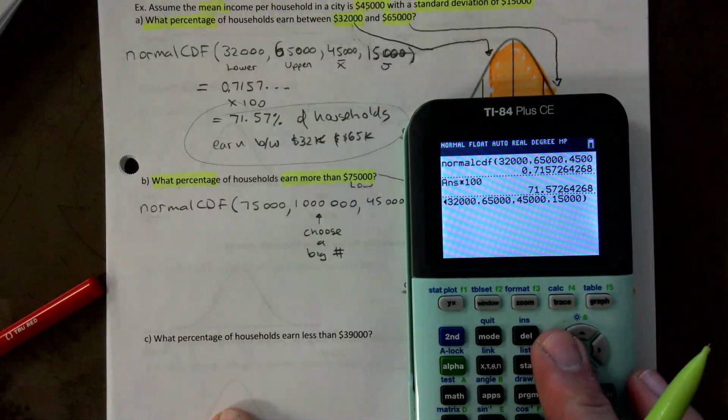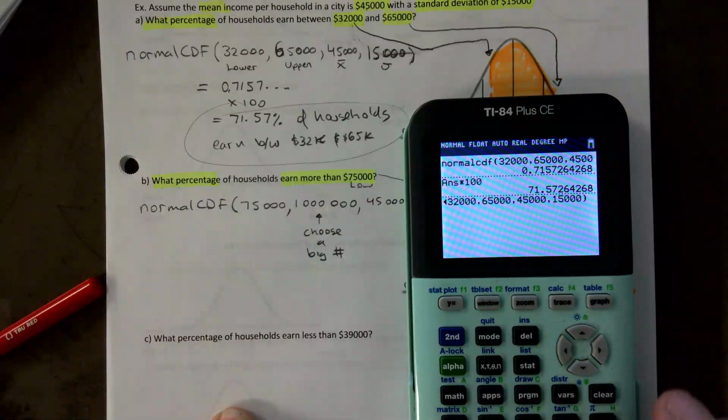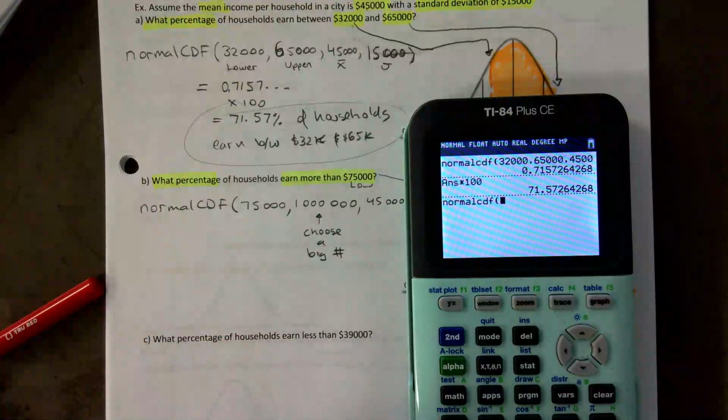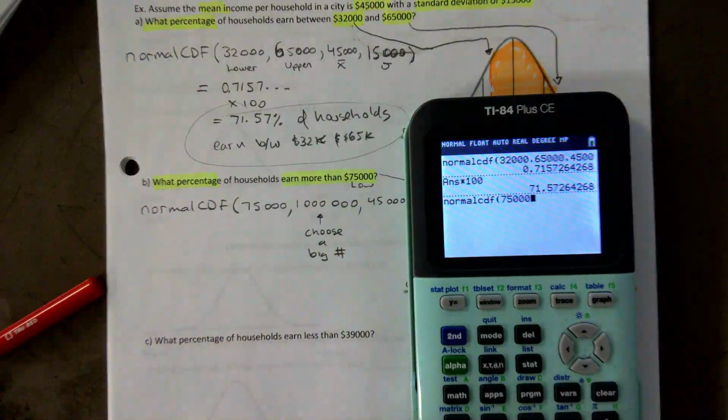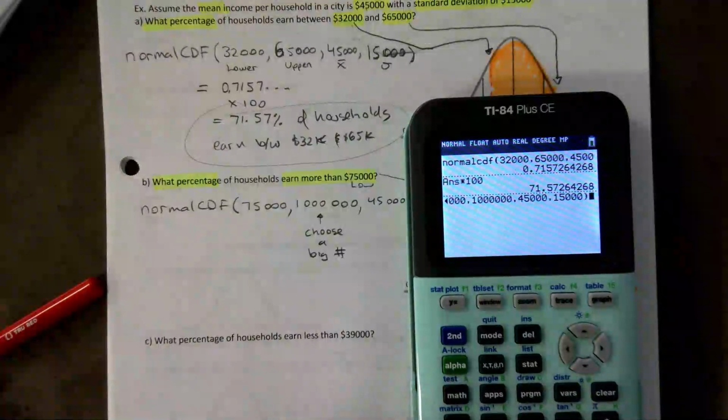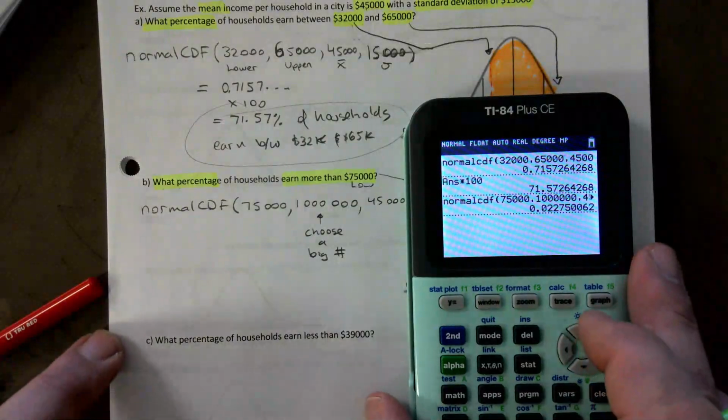I'm just going to bring it down. That might actually complicate things. It's not that much work. So you go 75,000, comma, 1,000,000, 6 zeros, right? 45,000 and 15,000. Close it, and there you have it.